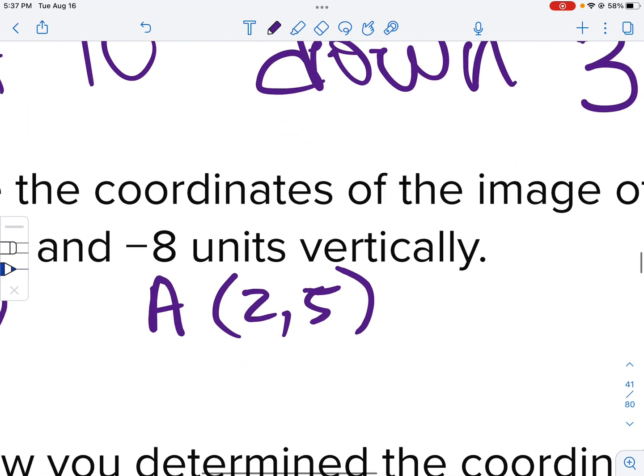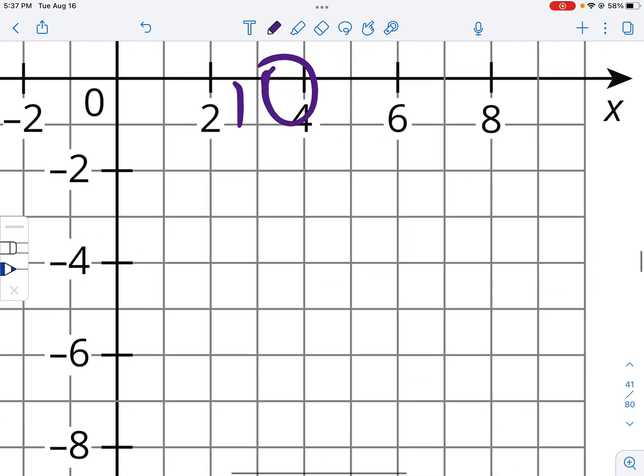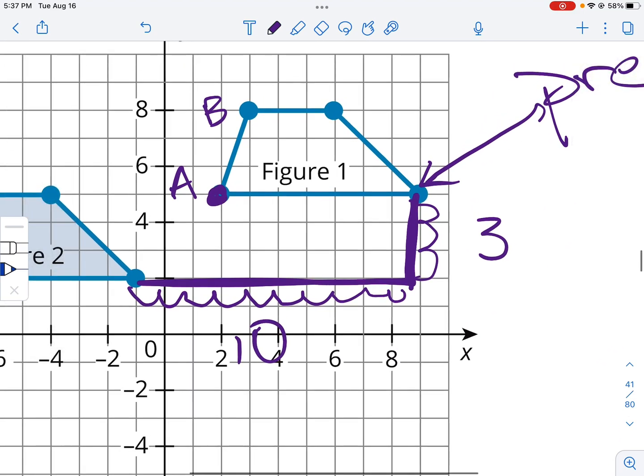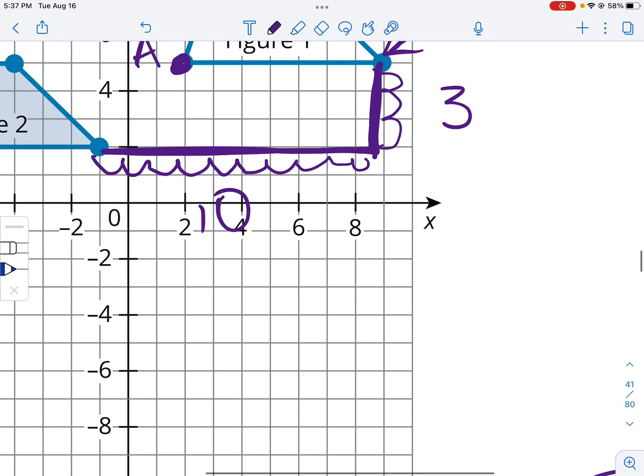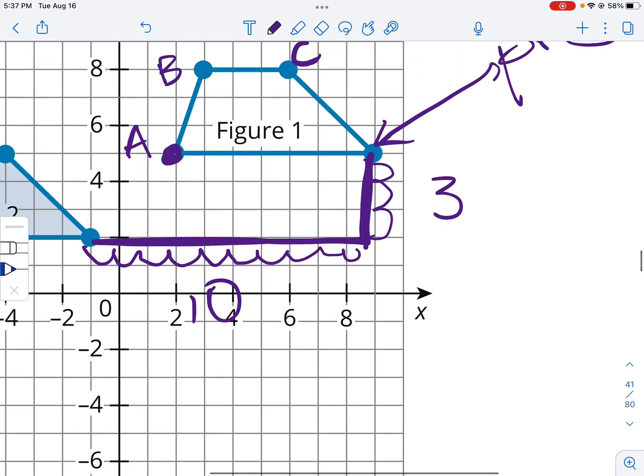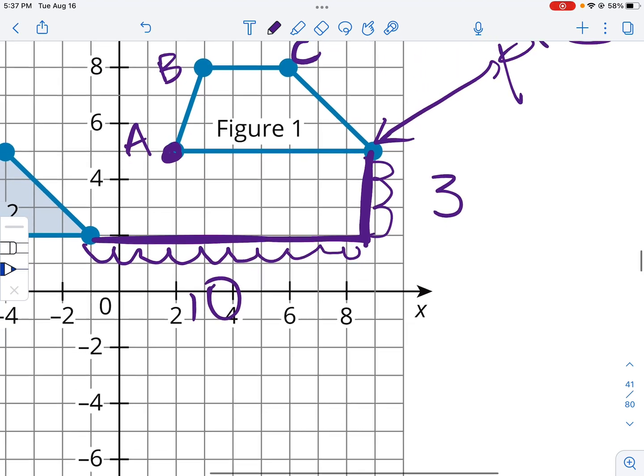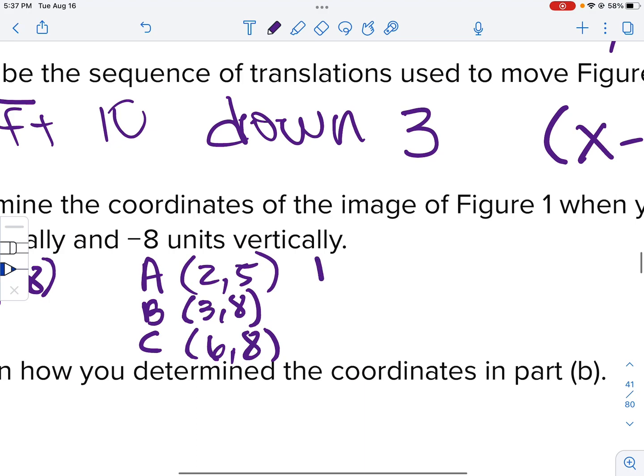So B is 3, 8. C, I'm going to name this one C. You don't have to. Just thought this might make it easier. That's 6, 8. So I have C as 6, 8. And then D, I would have as 9, 5. D is 9, 5.